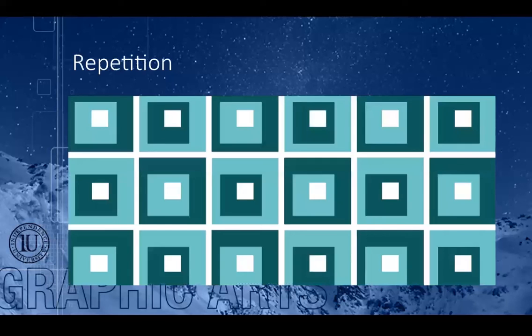But repetition helps too. So repeating the same color scheme throughout the document helps to make it all feel cohesive. Repeating the same shape pattern, again, makes it all feel cohesive. Repeating the same fonts over and over again also helps to avoid fontitis and make things look cohesive.